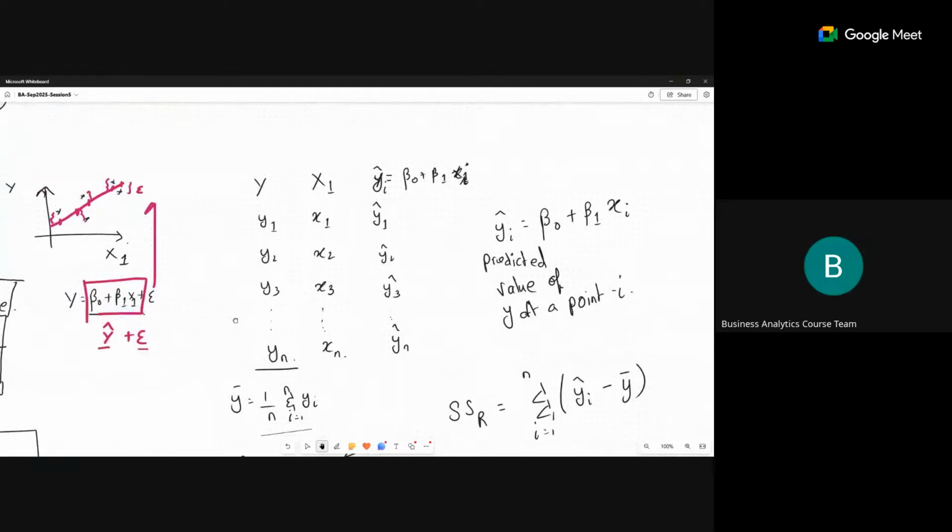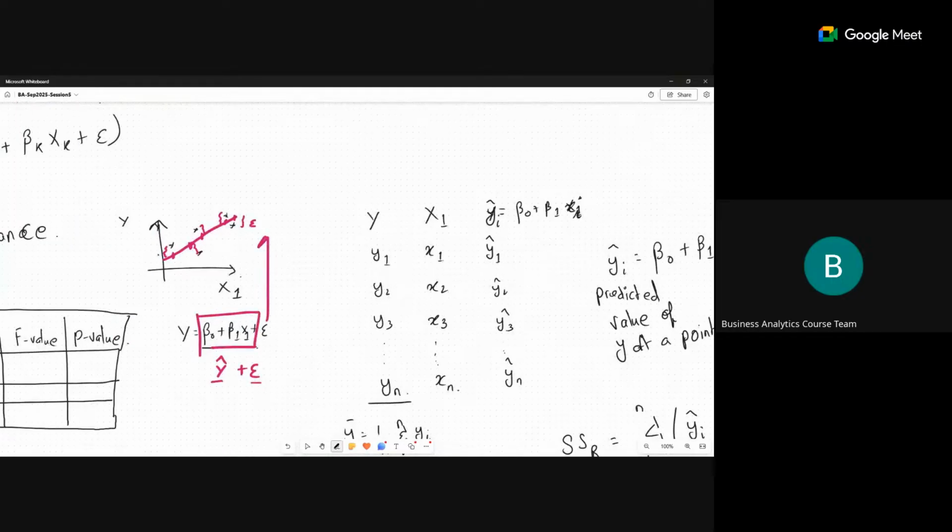which is nothing but take all the errors at every point. Your errors at a point are going to be epsilon 1, epsilon 2, epsilon 3, up to epsilon n, where epsilon i is nothing but yi minus yi hat. Actual minus predicted.